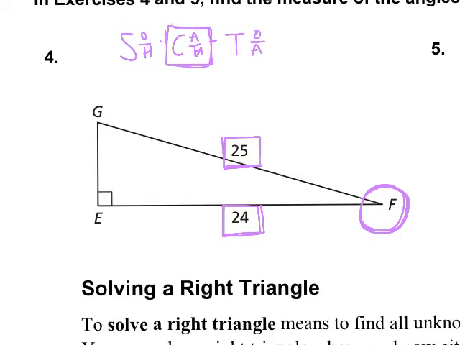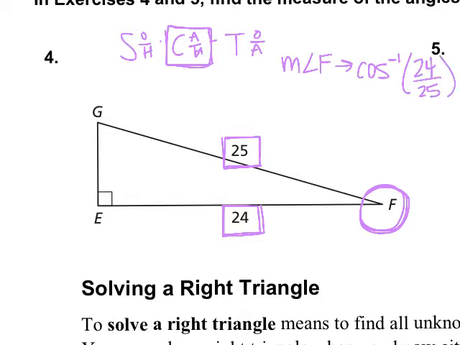But remember, we're finding the angle measure. So in order to find the measure of angle F, we need to do the cosine inverse of that ratio. Cosine tells us it is the adjacent over the hypotenuse, just like those ratios you had already been setting up. So that would be 24 over 25.